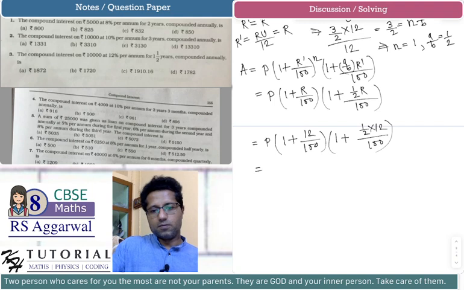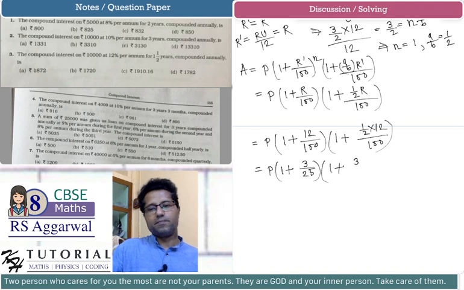This is equal to P multiplied by 1 plus 12 by 100, which is 3 by 25, and 1 plus 6 by 100, which is 3 by 50.